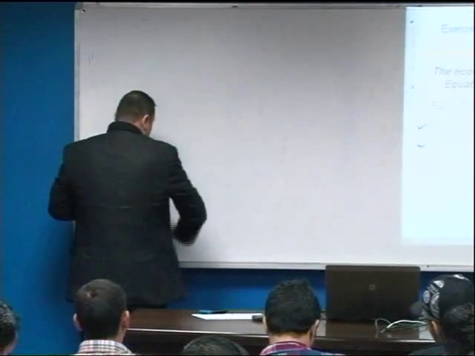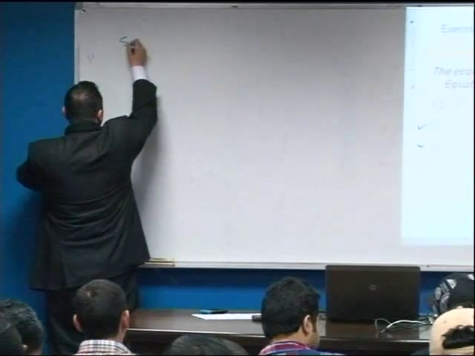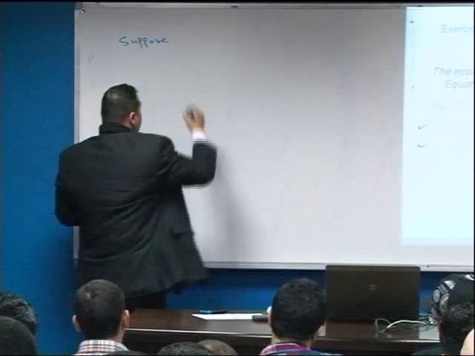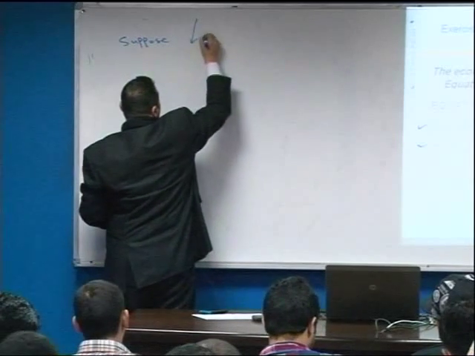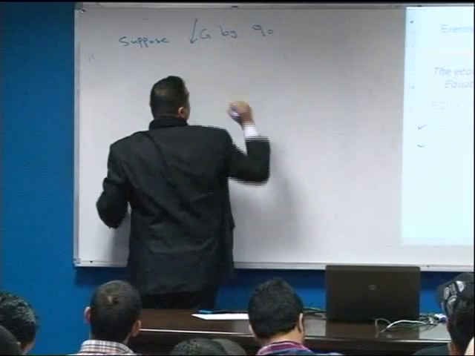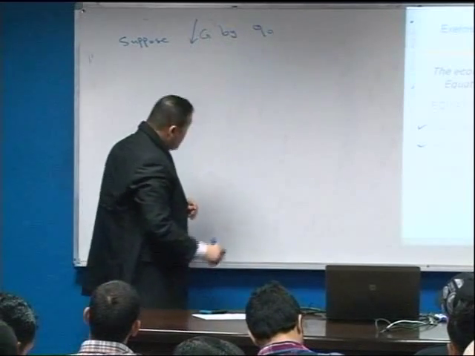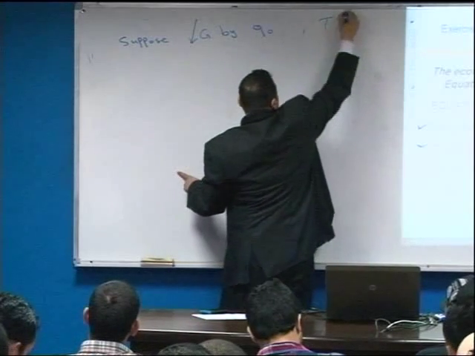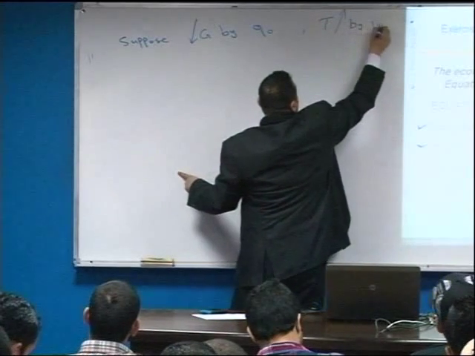So the question is, suppose government spending declined by $90 million, right? And the taxes increased by $100 million.